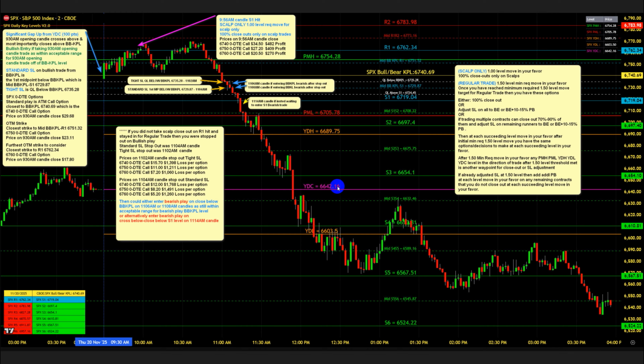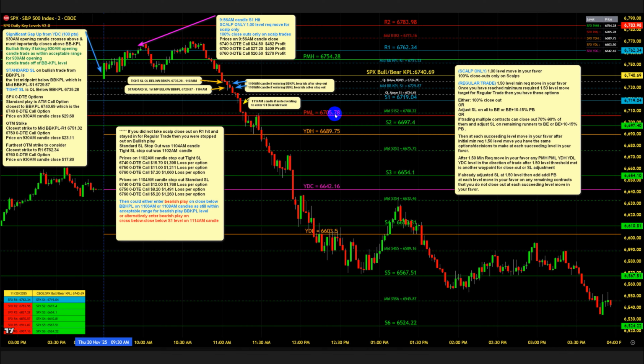So for example, for a bullish move in any particular session, not only is price going to have to start closing consecutive candles above the bull bear KPL for an extended bullish move, but it's also going to have to break above the pre-market high and also sustain candles above the pre-market high for any sustained enlarged bullish move.